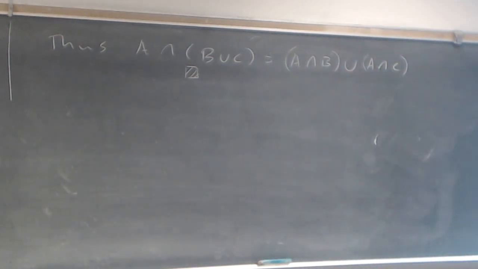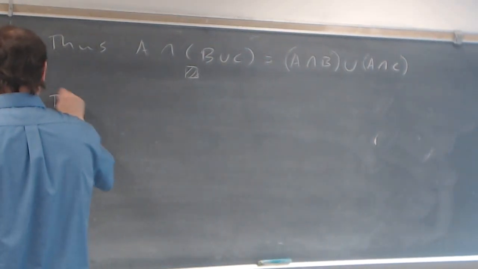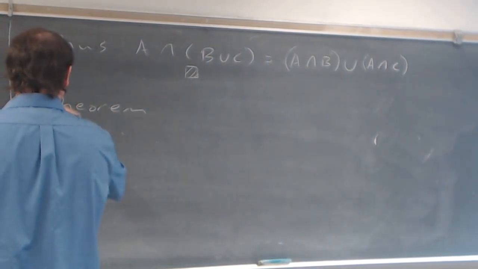Now, these types of unions and intersections, countably many, are going to come into play for us later on in this class. As a matter of fact, we're going to look at a fact involving these types of unions, and here's a theorem. We're going to look at it next.